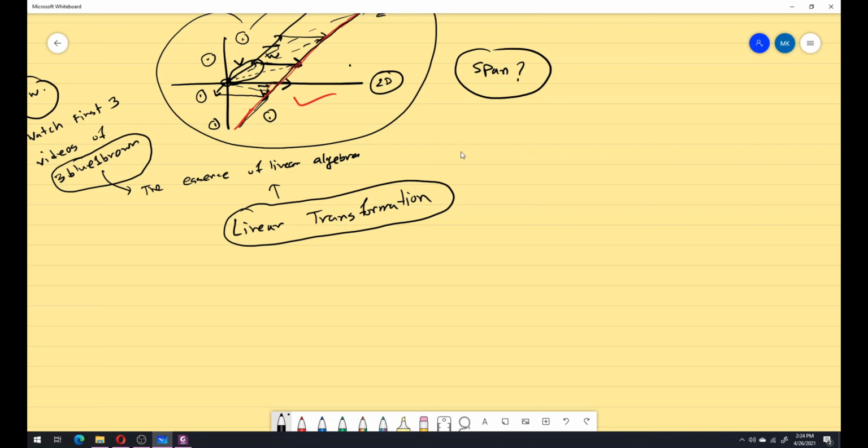Transformation is basically a fancy word used for function. Both words have the same meaning. So what is the task of a function?